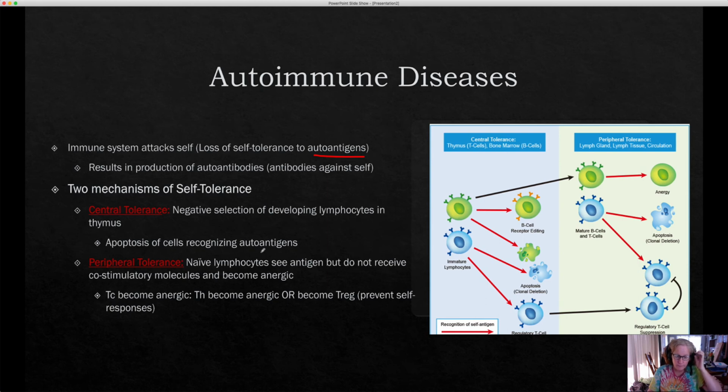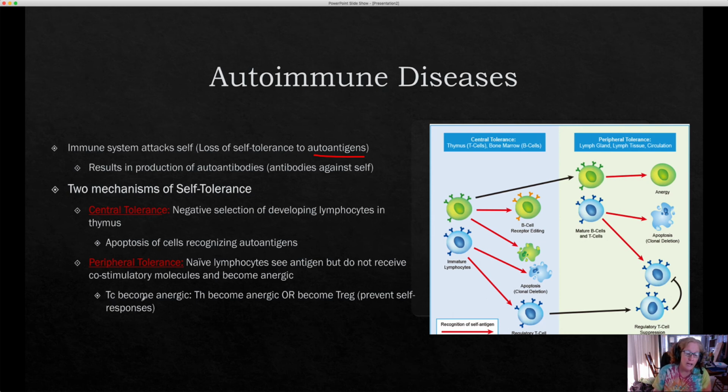Peripheral tolerance is where naive lymphocytes will actually see the antigen, but they don't receive any kind of co-stimulatory molecules during activation, such as B cells not receiving co-stims from T cells, or more than likely T cells not receiving co-stimulatory molecules from the antigen-presenting cells. In this case, the T cells or B cells will become what's called anergic.